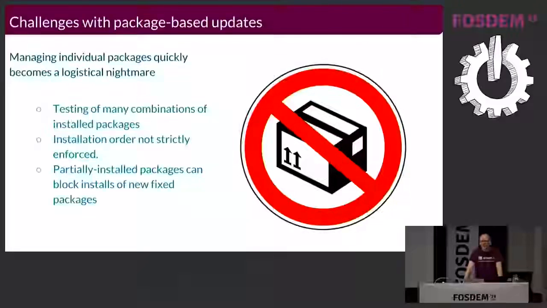So if I update one set of packages on this device over here, and this device over here for whatever reason decides to start with a different set of packages, it's very possible that my devices, even though we think they're running the same version, might be slightly different. So there are the dependencies between them, and then the fact that if there is an issue that stops a package-based update, the means to clean it up is not always obvious, and that can cause issues with further installations down the line, and block installs of new updates that may be out there.